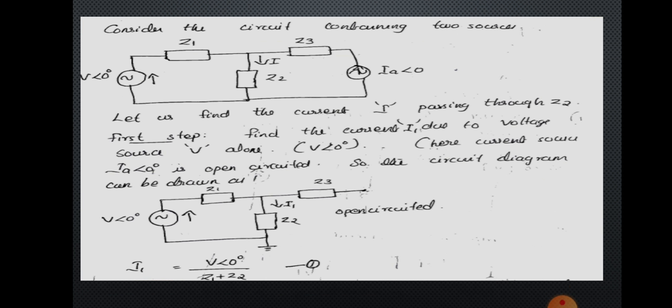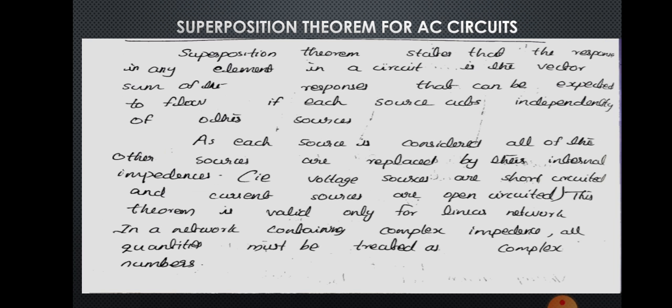So in the case of superposition, you can write the same definition as we have discussed in the case of a DC network. You can write the same statement for the superposition theorem, but here instead of taking the resistive element, we are using impedances. The steps are similar: at a time we consider the effect of one source only, and the other sources will be either short circuited or open circuited.